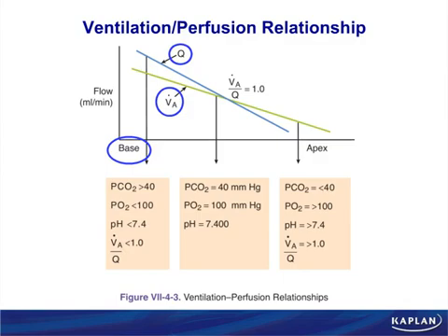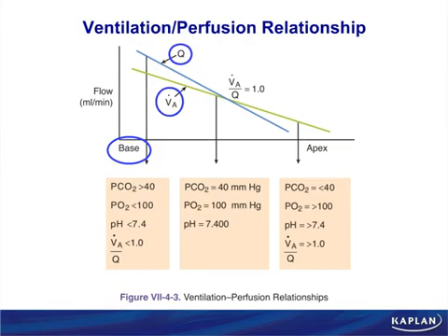And remember, both gases equilibrate, so the alveolar gases ultimately determine the arterial blood gases. That's why it's so crucial. It is the relationship of the two to one another that ultimately determines the alveolar gases. That's what VQ is.